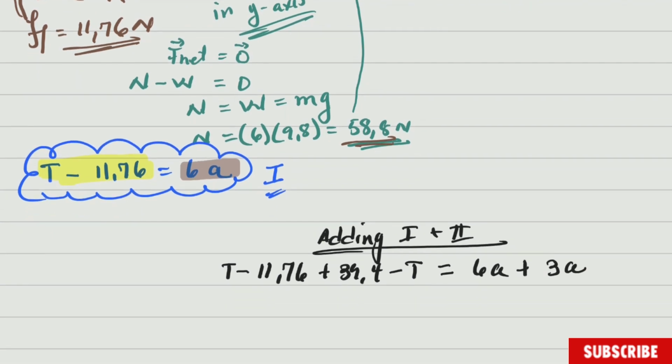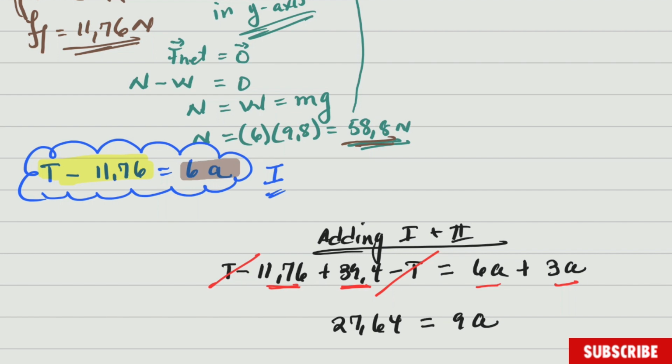Now you can see here two things. You can see that the T's cancel each other. It's T minus T, and you can see that this and this is like terms, and this is like terms. This is simple math now. So we have this on the left hand side, which is 27,64, and on this side is 9A.